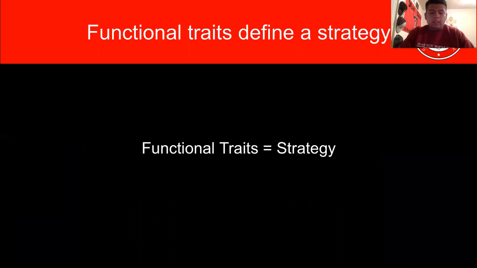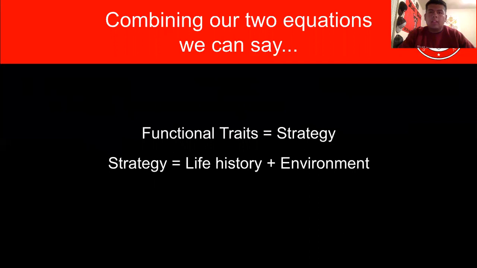Looking back at this equation, one can say that functional traits define strategy. Combining the two equations I've already talked about, we can replace strategy in the second equation, so that instead it's functional traits equals life history plus environment.